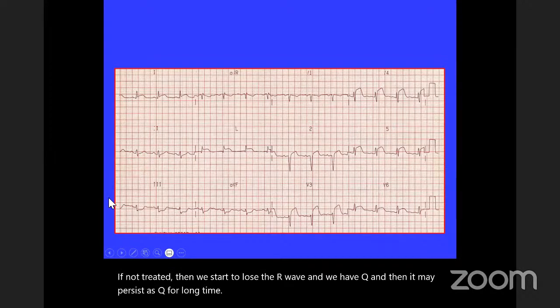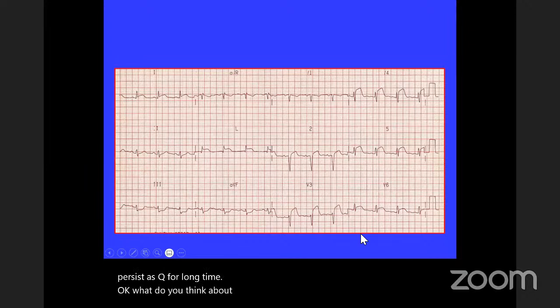Okay, what do you think about this ECG? Guys, any volunteer? Okay, so this is around 80 beats per minute.